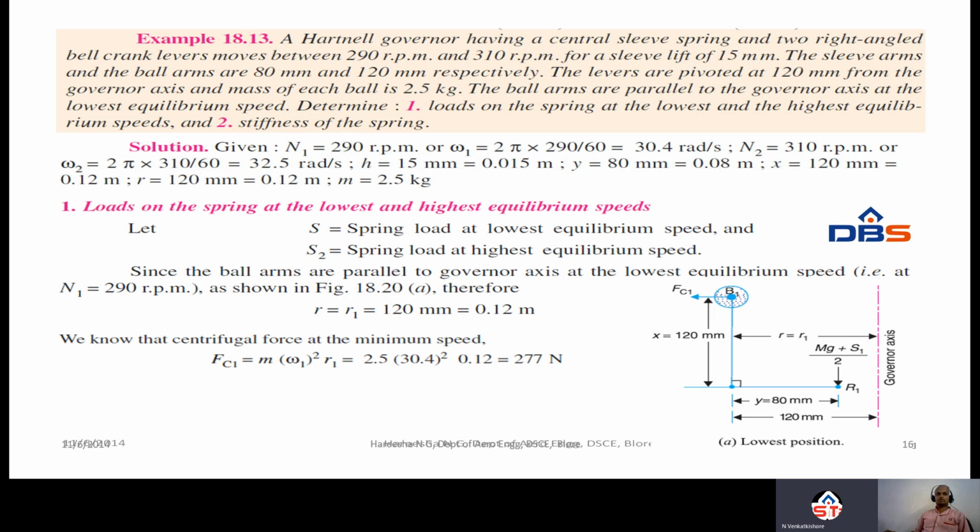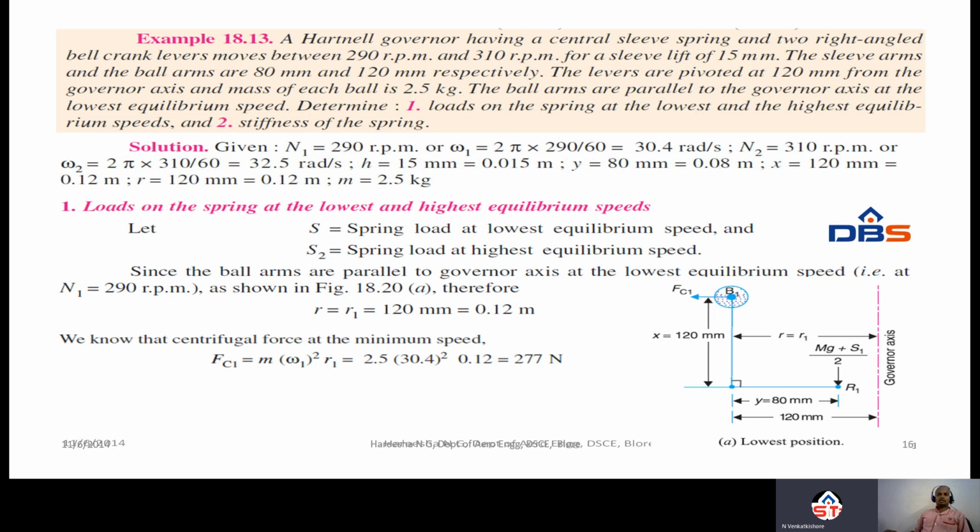From the given data, N1 is equal to 290 rpm and N2 is equal to 310 rpm. We know the formula omega equals 2 pi N by 60.